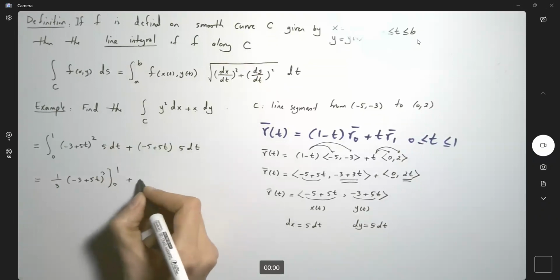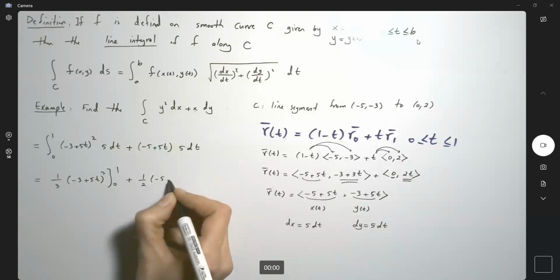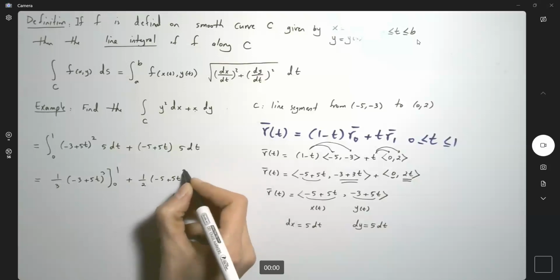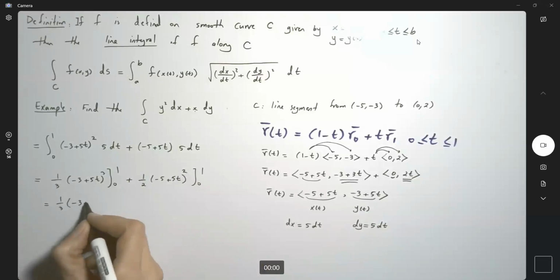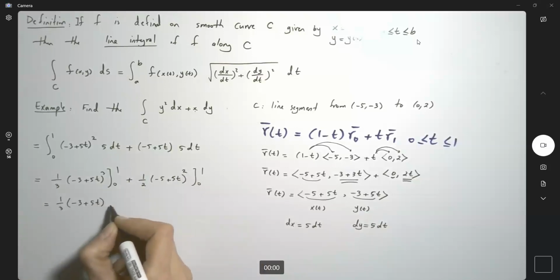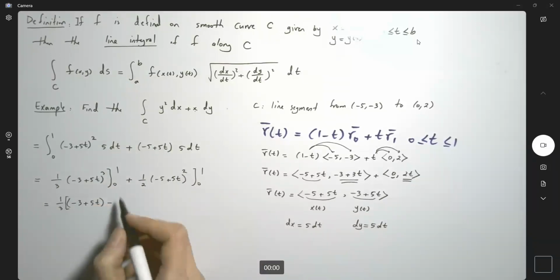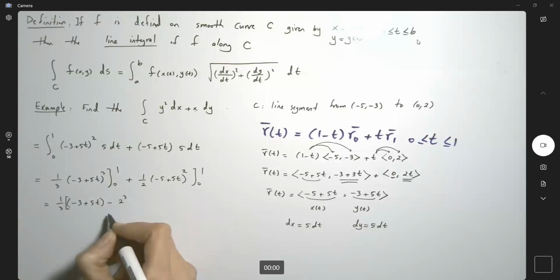So here you have plus a half, -5 plus 5t to the second, 0 to 1. If you simplify this, you get a third, -3 plus 5t. Minus, if I plug in 1 here, I get 2 to the third.